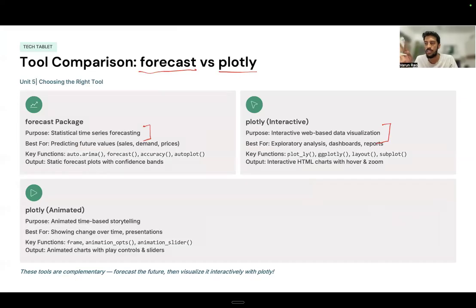There are two versions of Plotly, the first one being Plotly interactive or animated. When you talk of animated, it is usually better for things like showing change over time, right?